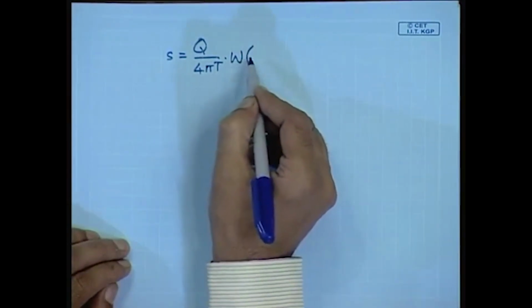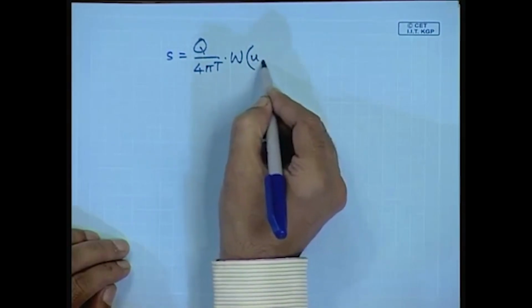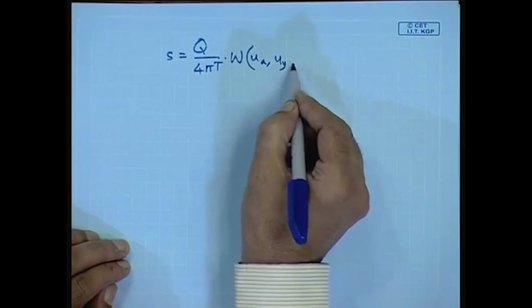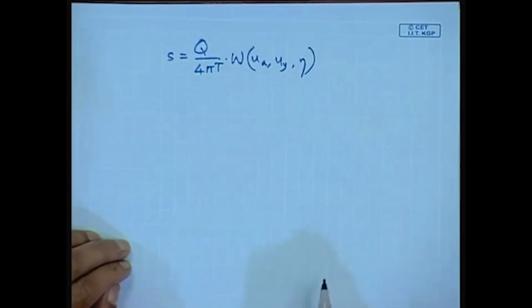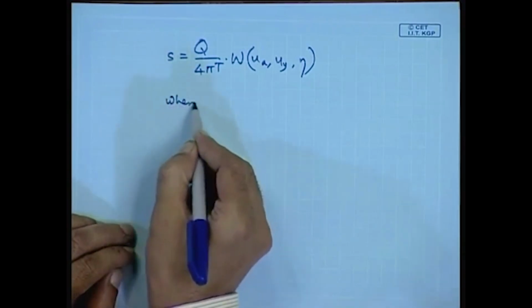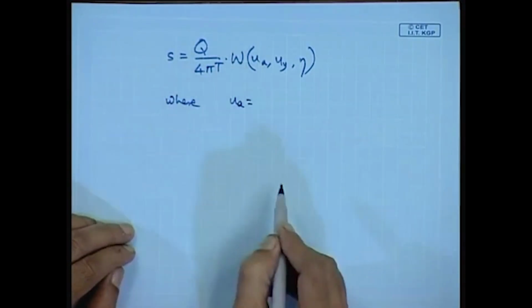a well function of 3 parameters, that is W of uA, uY, and eta.